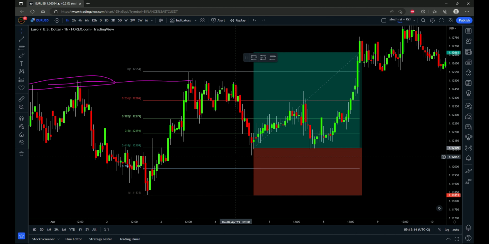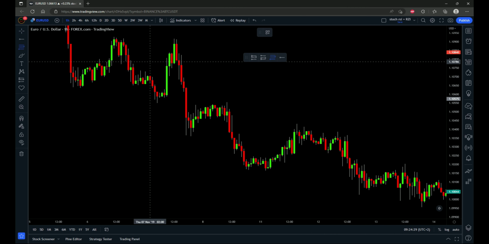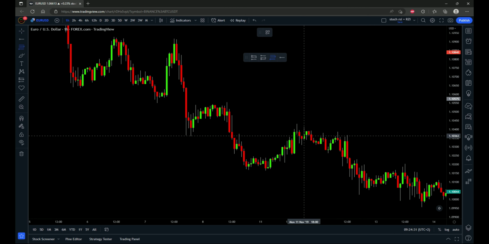And now let's move on to a short trade example where we'll see a market structure break to the downside and then look for a shorting opportunity at this 0.618 Fibonacci retracement level. Now let's go through a couple more examples. Here's a short example where we see price action making lower highs and lower lows.